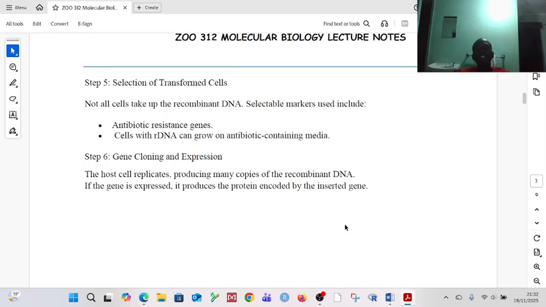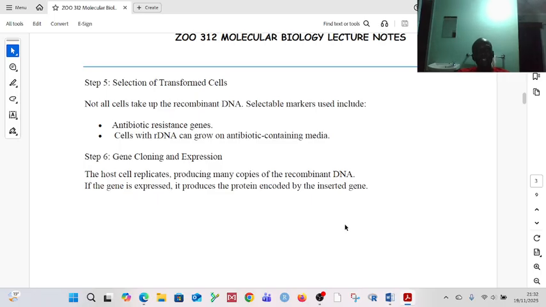So you increase the copies. Okay? You allow now the host cell to replicate so that it can produce many copies of that recombinant DNA. So the product of the gene of interest, if indeed the host cell was transformed, inamaanisha kwamba the host cell will be having that gene of interest.